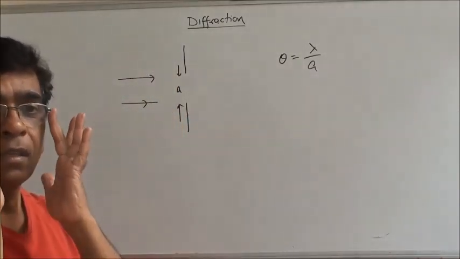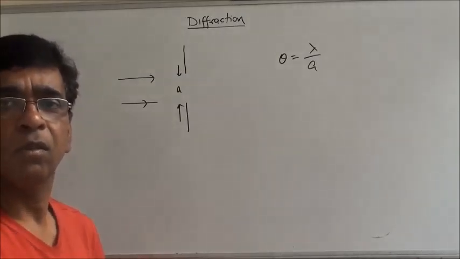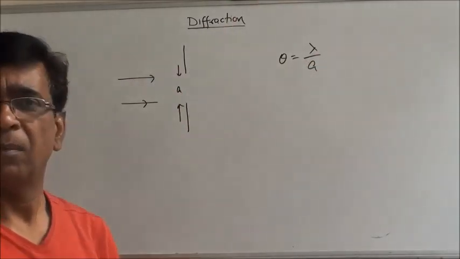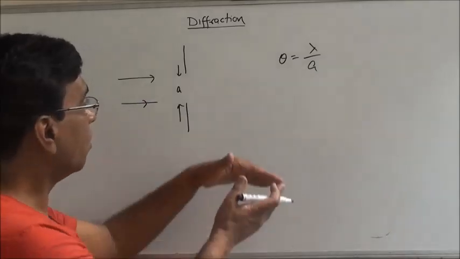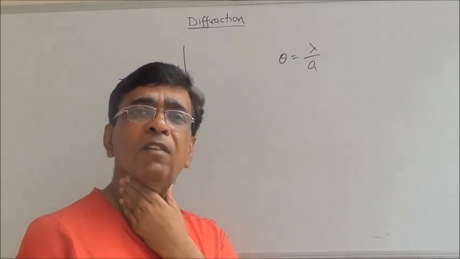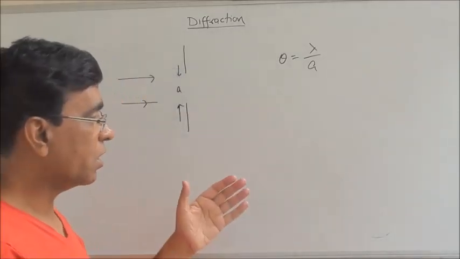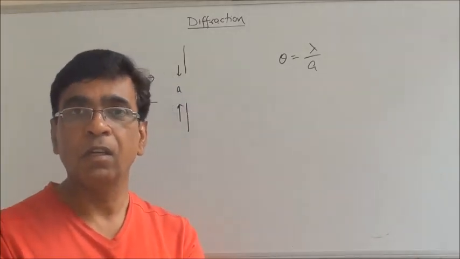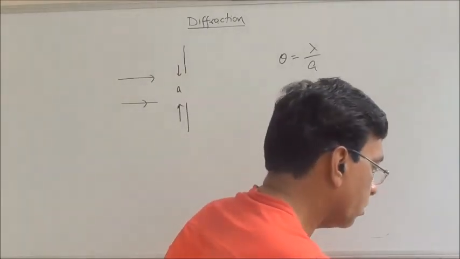So whenever a light beam of width a is passing through an obstacle of width a, there is a spread of lambda by a. Right? Lambda by a. In rectilinear propagation of light or ray optics, we have done that the light travels in a straight line. But here we are saying that light bends when it passes through an obstacle or aperture.